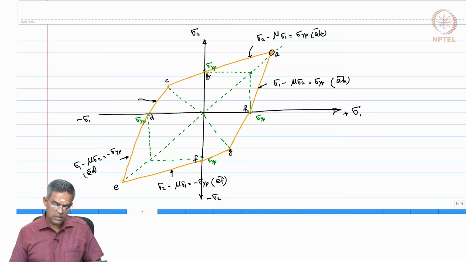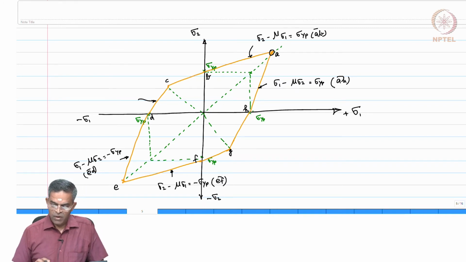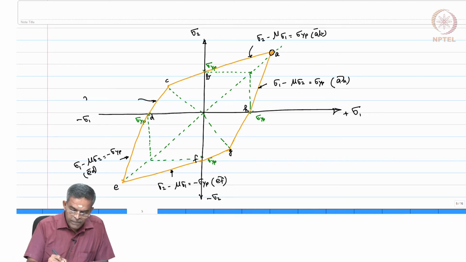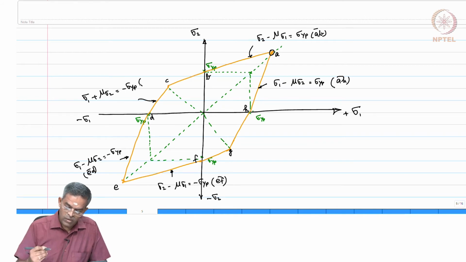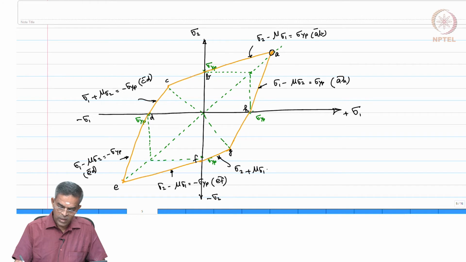Let us write down the equation for CD. Here it is a dissimilar state. Sigma 1 is compressive, sigma 2 is tensile. So, it should be sigma 1 plus mu sigma 2 will be minus sigma yp. This is for CD, whereas GF will have sigma 2 plus mu sigma 1 as minus sigma yp.